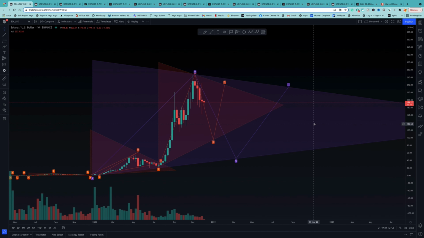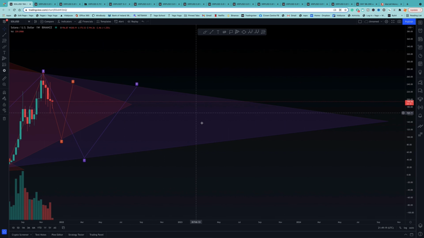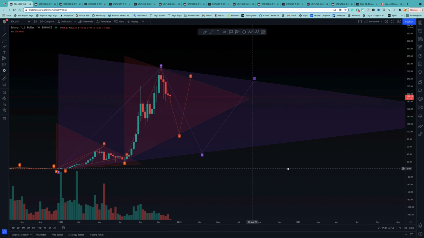If the cycle really is extended, this could go again and kick off. Or you could have that long consolidation phase where it goes long and volume goes low. And then here we are on November 2023, and now again the 4-year cycle starts to kick in, and it just starts to break out and move again. It'll take time to get going, but you'll see the volume start to come back in.